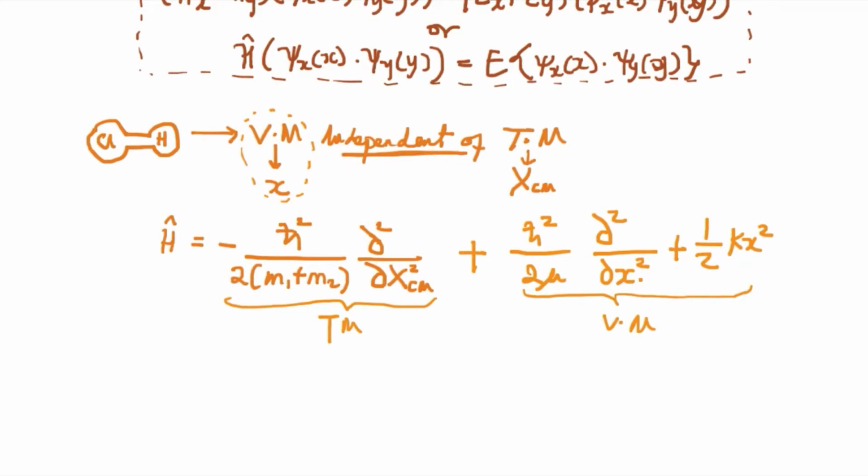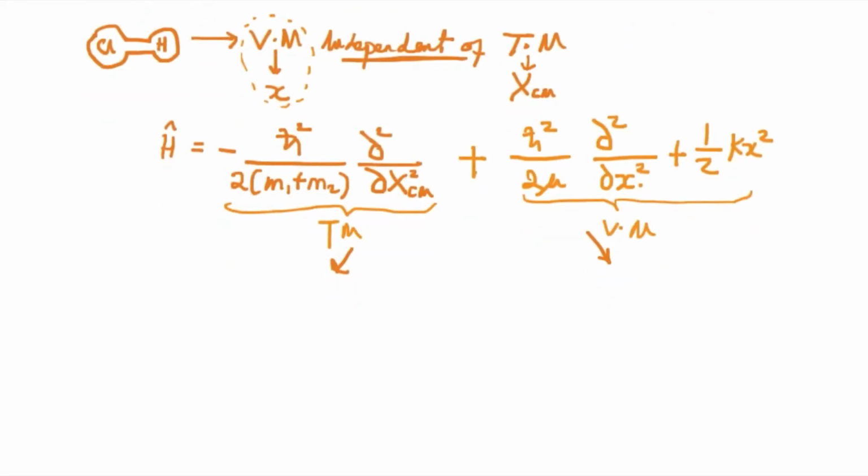Once they are independent, you can separate them and act on them individually, resulting in the Hamiltonian operator in terms of the translational motion coordinates, and on the other side our vibrational motion Hamiltonian operator.